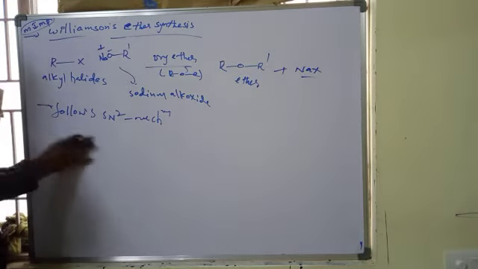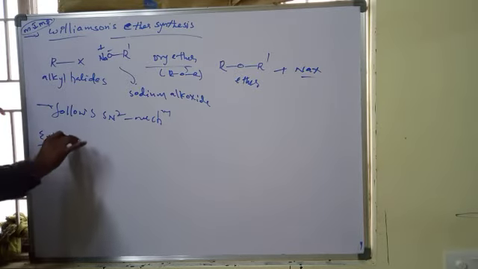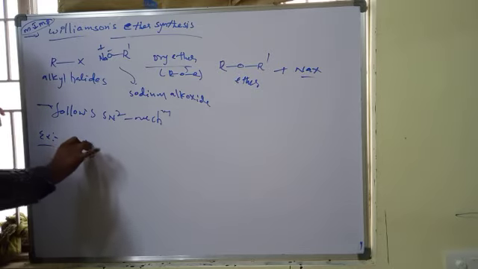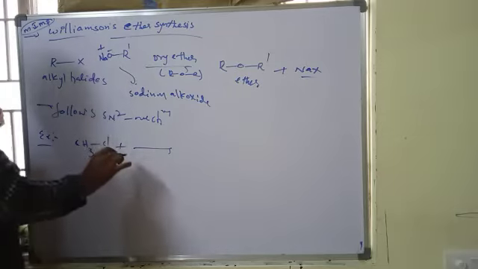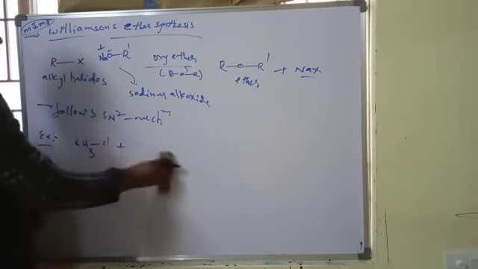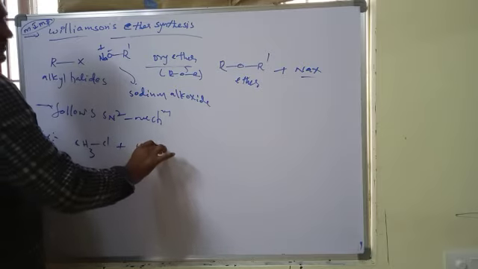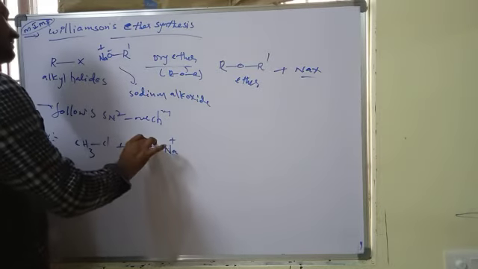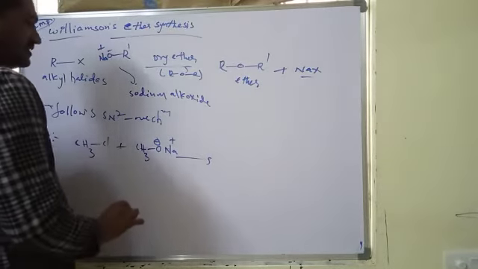So how will we prepare different ethers? For example, methyl chloride when it reacts with sodium methoxide, what happened?